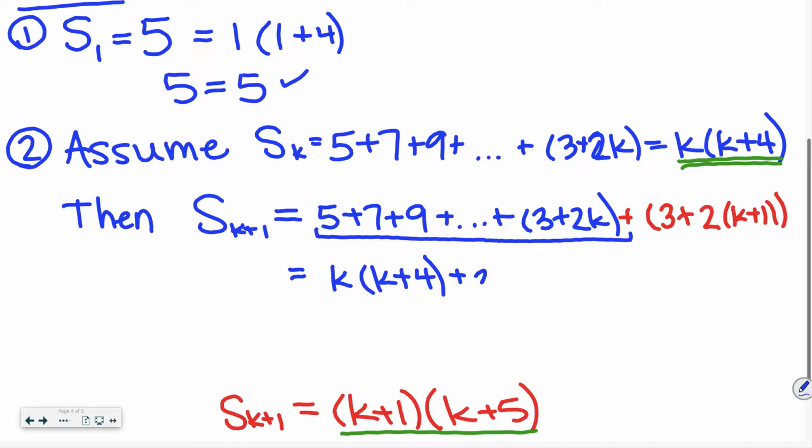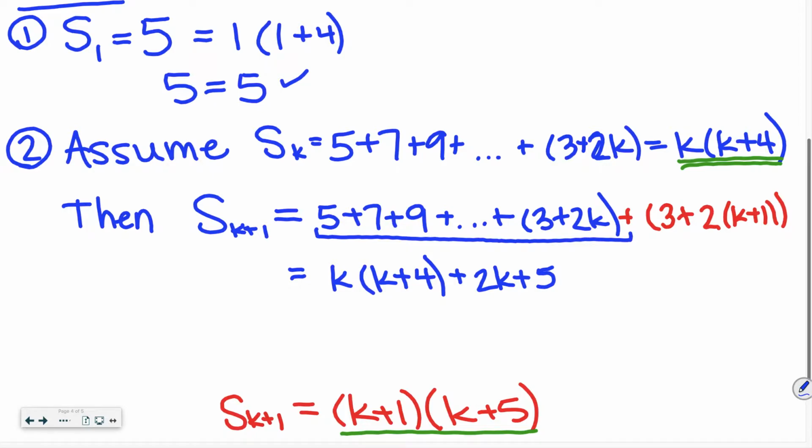Would you agree that that's the same thing as 2K plus 5? Okay. Here's the deal. I need somebody in Algebra 1 to be able to follow your steps. If somebody from Algebra 1 could not follow your steps, then it's not enough work. Okay?